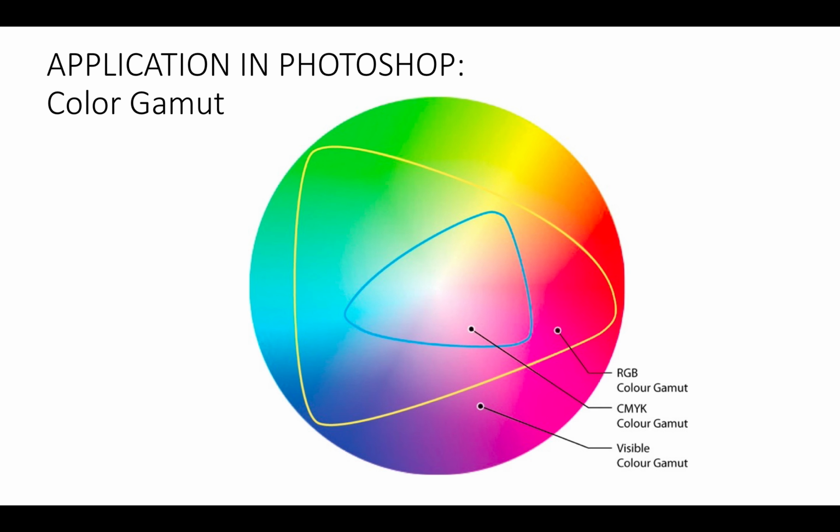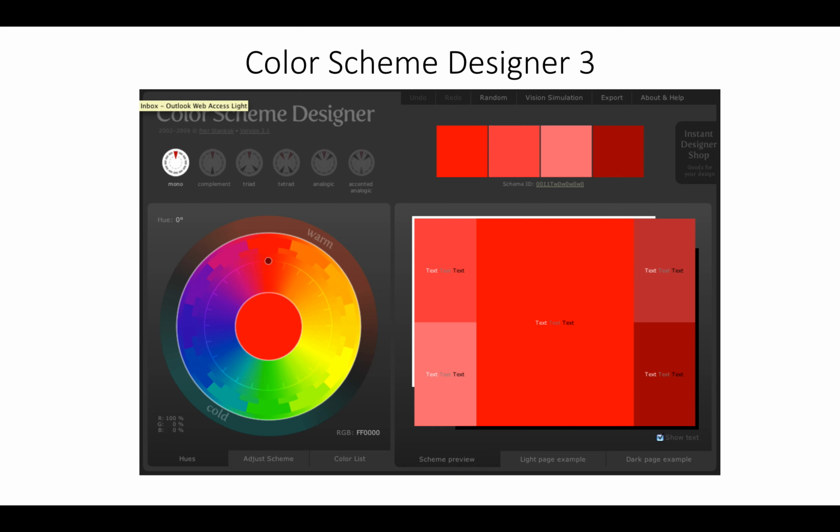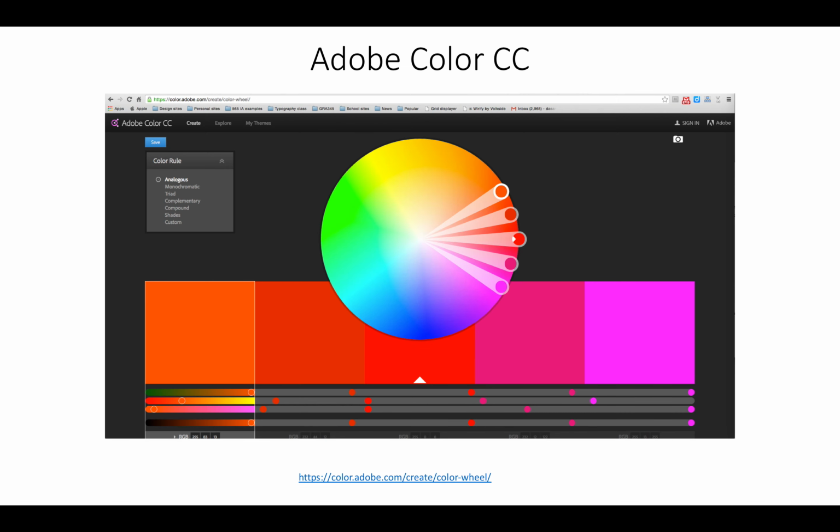That's because some colors in CMYK are not possible to achieve in RGB, and vice versa. So the gamut of CMYK is not the same as the gamut in RGB. Every system has its own gamut system, like the Outlook web has its own gamut system, Adobe Color has its own gamut system, and so forth.